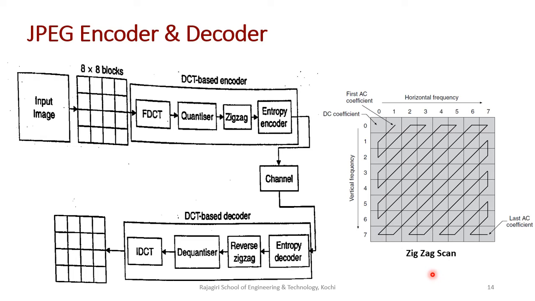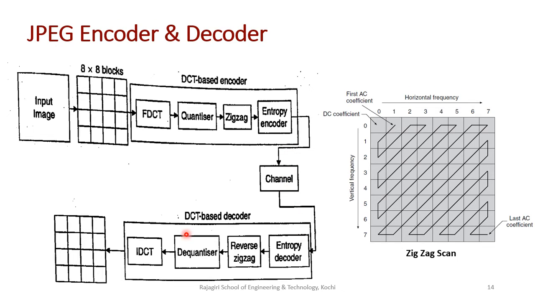The purpose of zigzag scanning is that most of the high frequency coefficients will be zero after quantization. The resulting bit stream is then run length coded in order to generate another sequence, which is then later Huffman coded for transmission or storage.